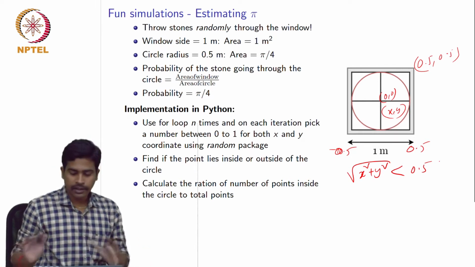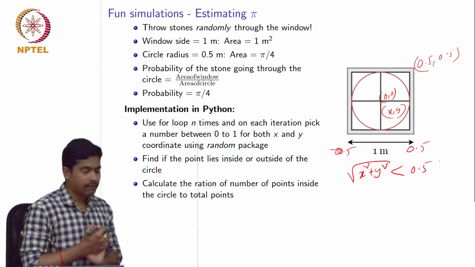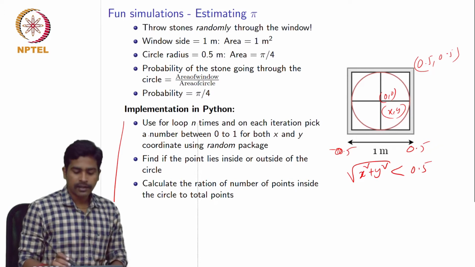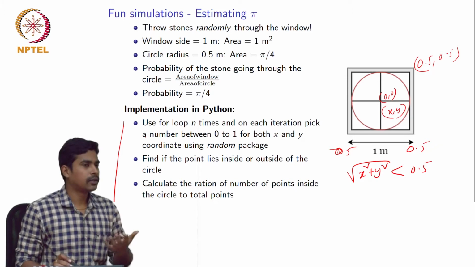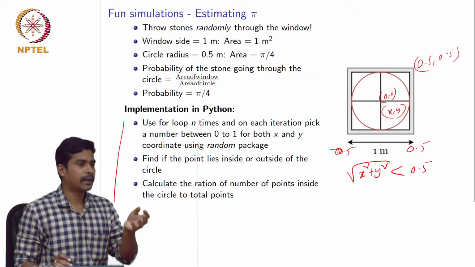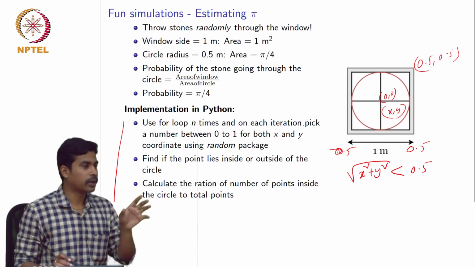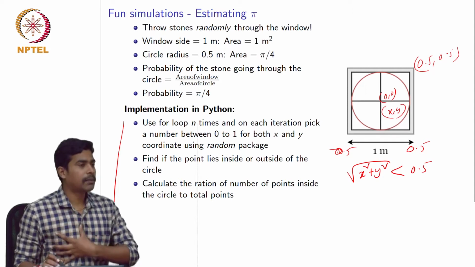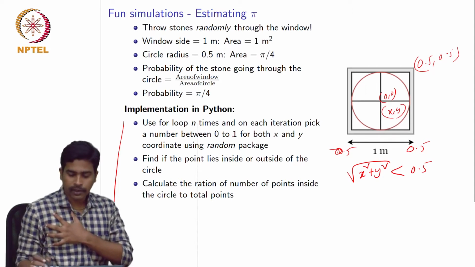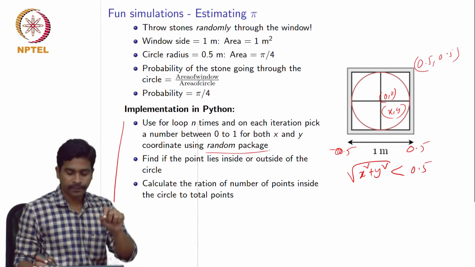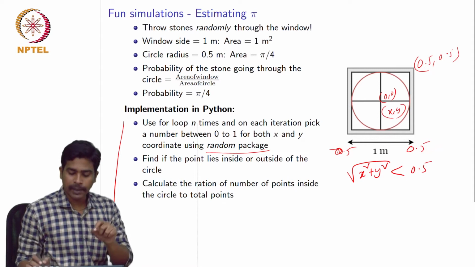Okay, so this is the idea that we are going to have and write the program, and these are the implementation steps. We are using a for loop to simulate n number of trials, or n number of stones thrown into the window, and on each iteration we pick a number between minus 0.5 and 0.5, or 0 to 1, for both the x coordinate and y coordinate, using the random package in Python.